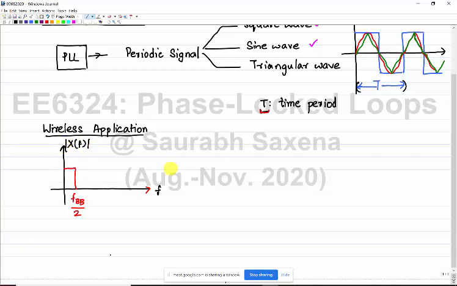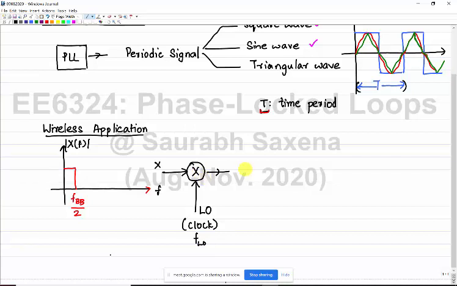What you do is you mix this signal with a local oscillator, which is nothing but a clock. Your X signal comes here, and you have your local oscillator sitting at a certain frequency. When you have a clock, you will have a frequency, so I am calling the frequency of the clock FLO.